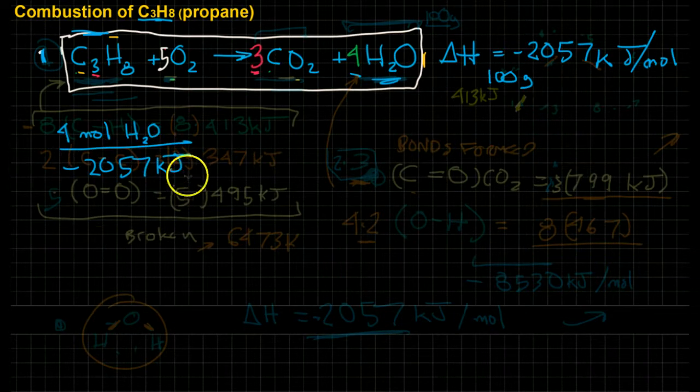Now that's a good ratio to know, but that's not really a great conversion factor for me at this stage. Really, what I need to do is say I've got 100 grams of H2O, right? So let's start with that, and I'm going to run this just like a unit conversion, and it should come out pretty simply. So let's do it.